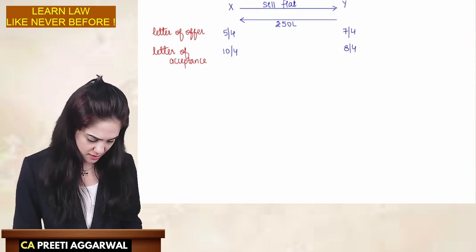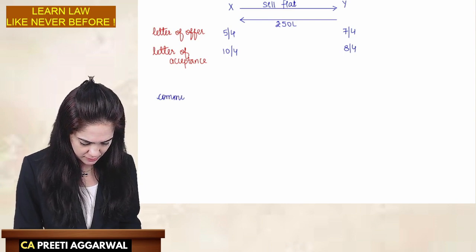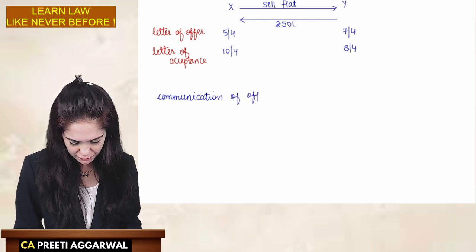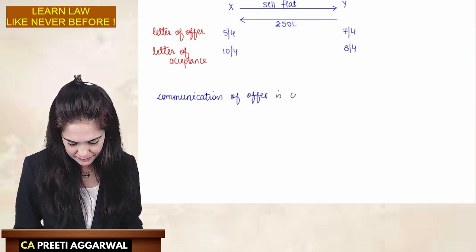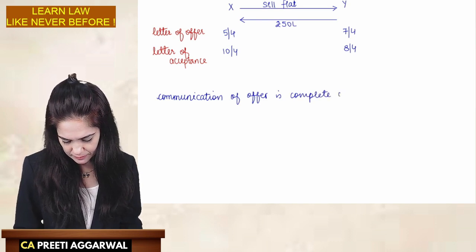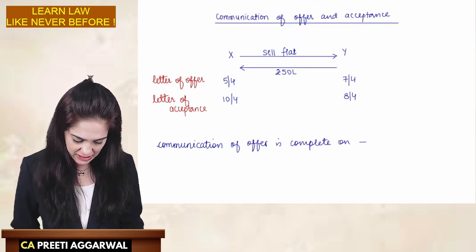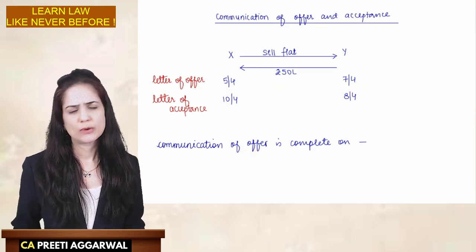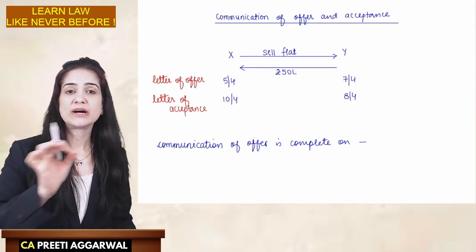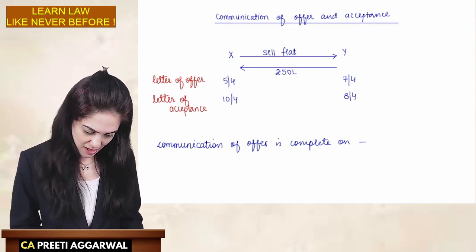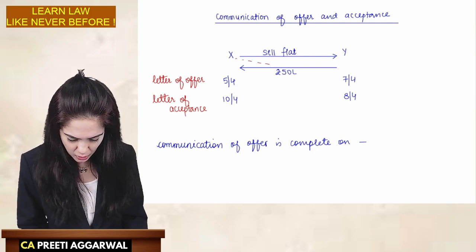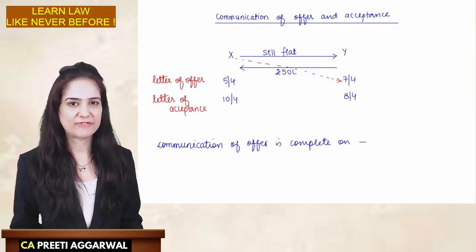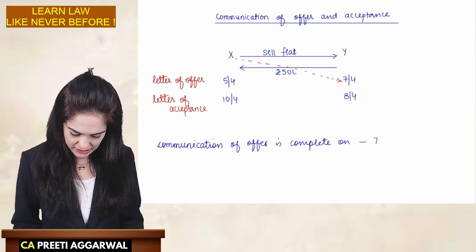When can we say that the offer is communicated? When is communication of offer complete? We are discussing offer, so pay attention to the dates related to offer. When can you say that the offer is communicated? Offer is communicated on 7th April, that is when it comes to the knowledge of Y. So the date is 7th of April.